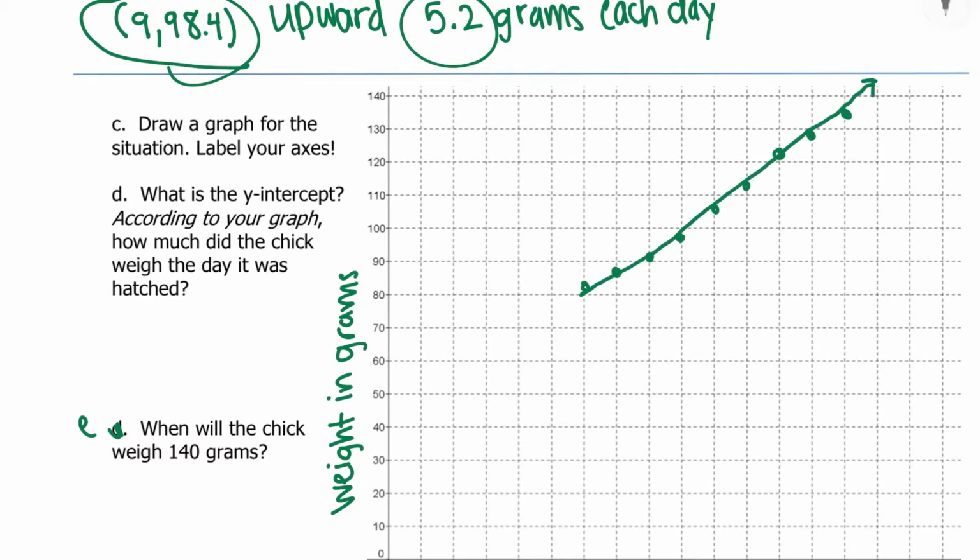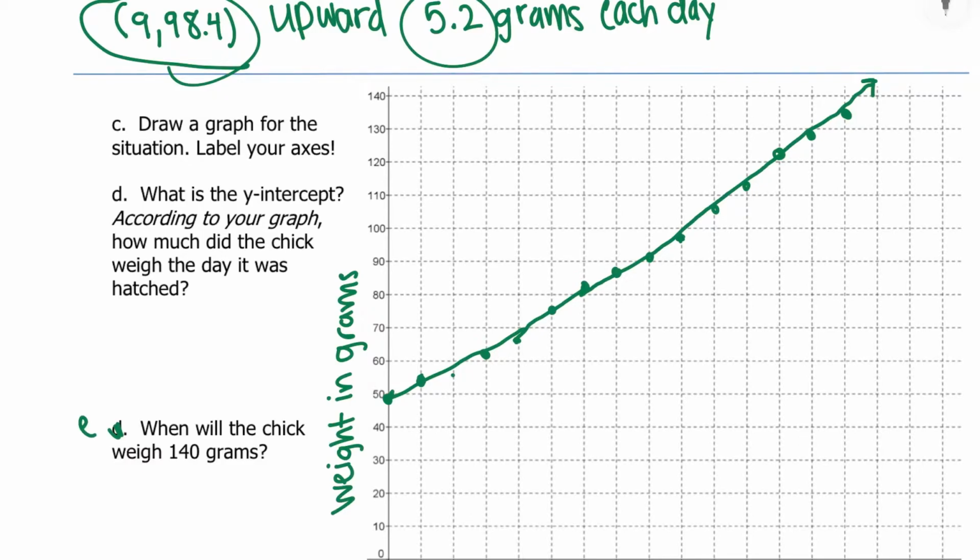It's okay if yours isn't either. So, again, this isn't super perfect, but it says, what is the y-intercept according to your graph?